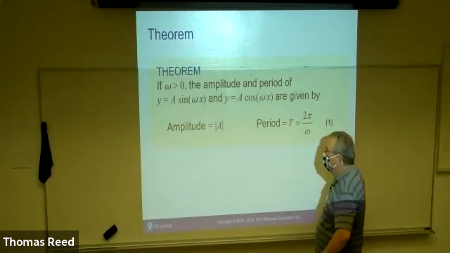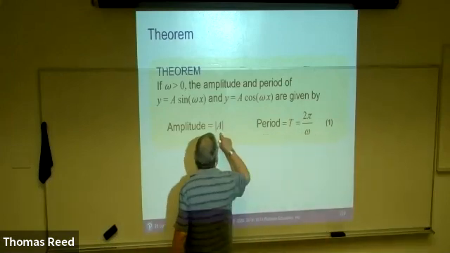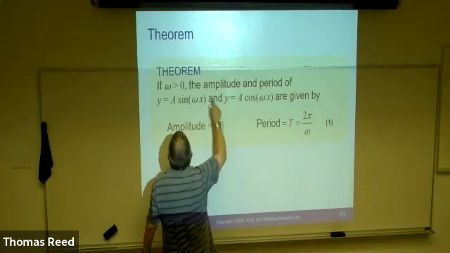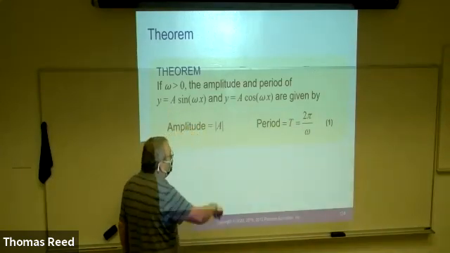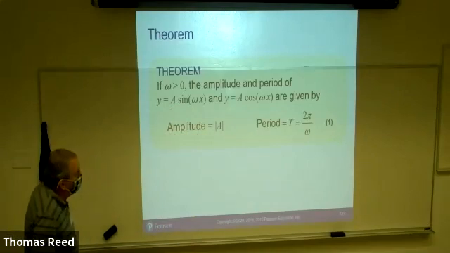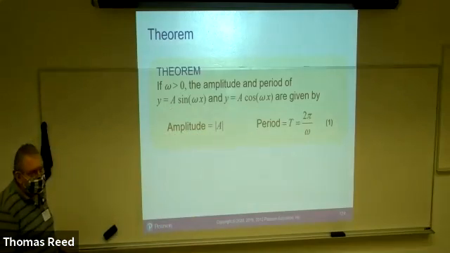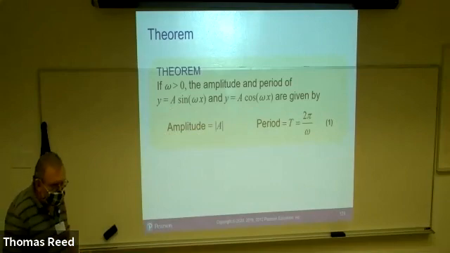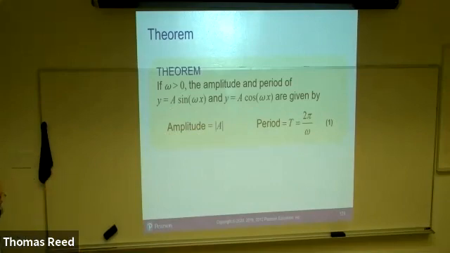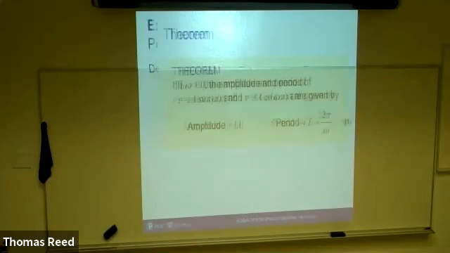And the amplitude is the absolute value of whatever you're multiplying the function by. So previously we were multiplying by a -2, so the amplitude is 2. That means the highest it goes and the lowest it goes is plus or minus 2. Okay.